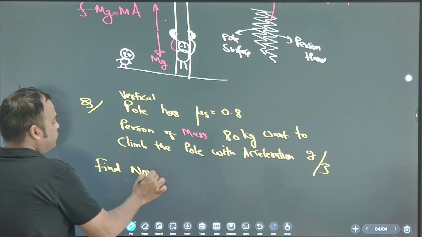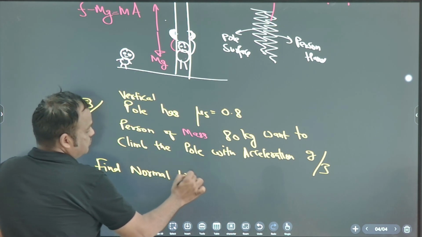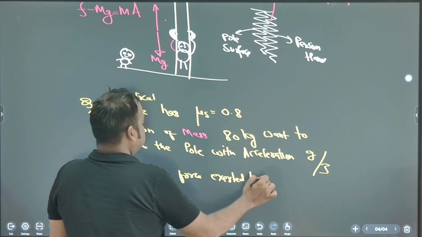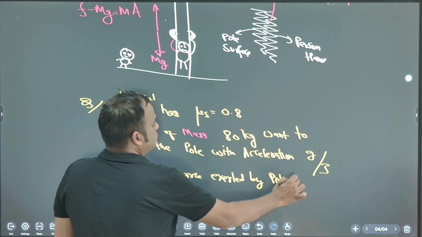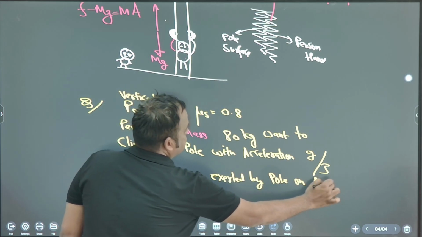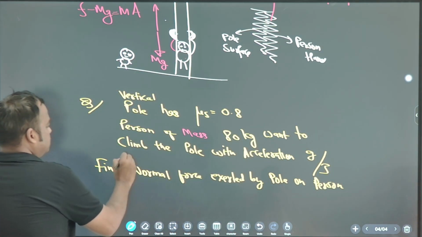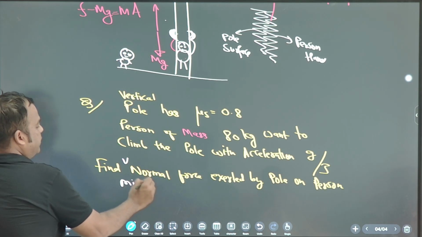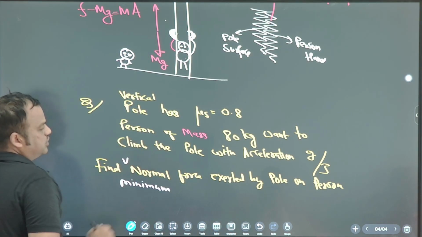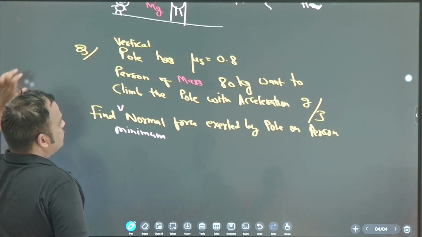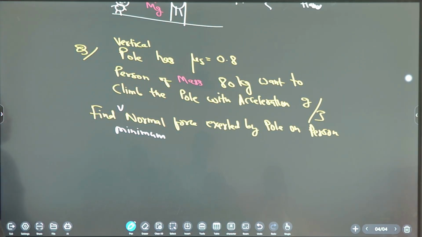Find the normal force exerted by the pole on the person. Find the minimum normal force.